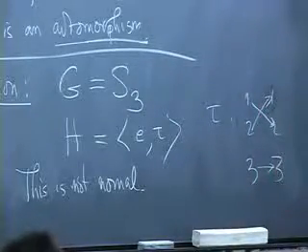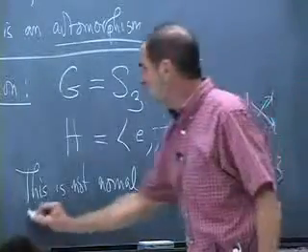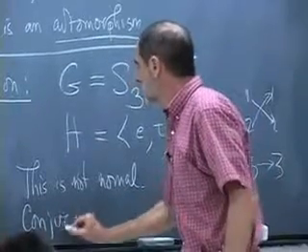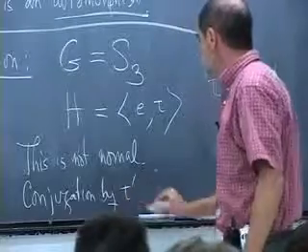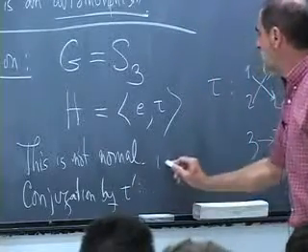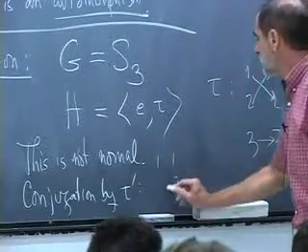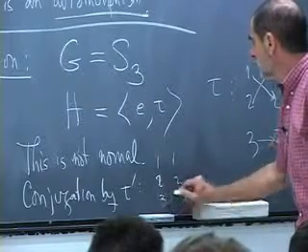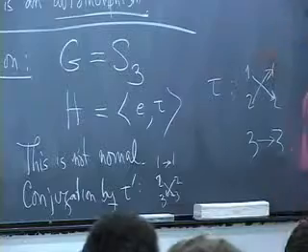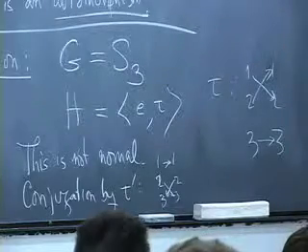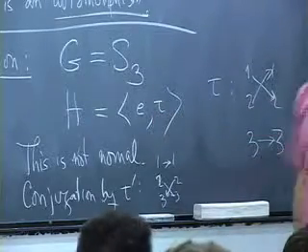Well, let's try something. Let's try conjugation by tau prime, where tau prime is the element that switches 2 and 3 and fixes 1. So tau prime clearly takes e to itself when you conjugate.